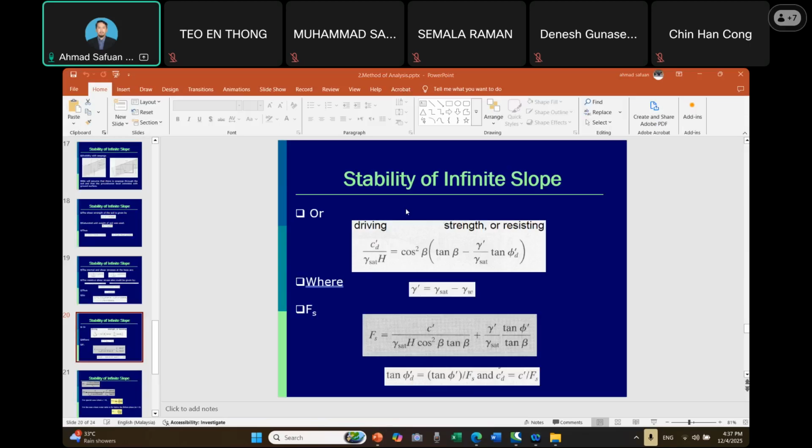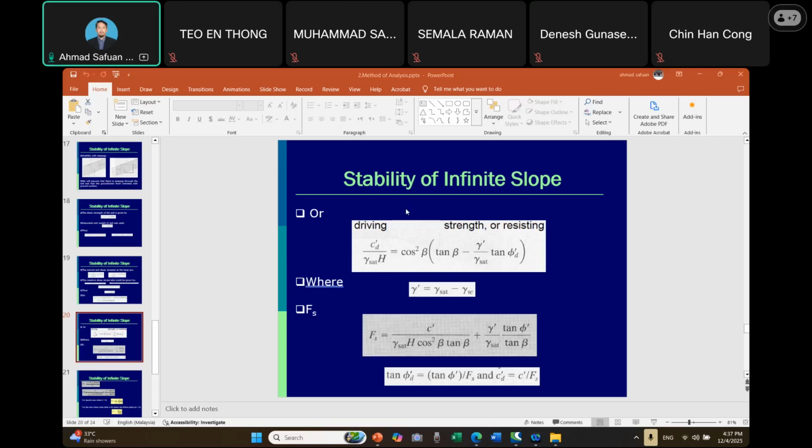However, if the groundwater level is not at the surface, we cannot use this equation. If you improvise this equation, perhaps we can include the different level of groundwater level.